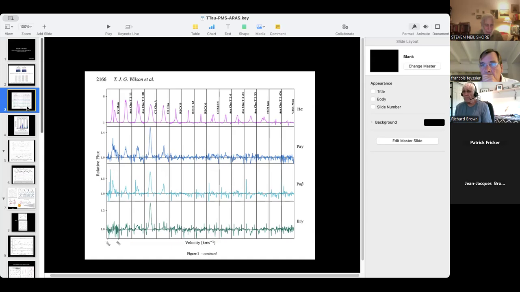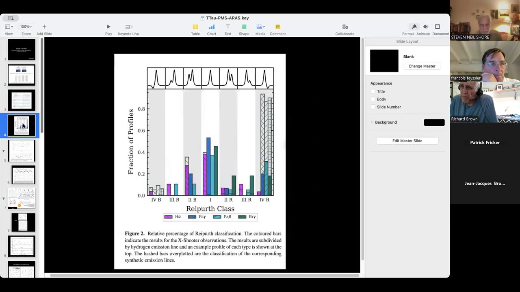And in these, you very frequently see asymmetric absorption, where the absorption actually is on the red side rather than the blue side, suggesting that the overall emission is coming from the disk environment and also perhaps from an outflowing wind, but that you see absorption redshifted because it's infalling. And it depends on which lines you're looking at. These are just a sample of the profiles from individual systems.